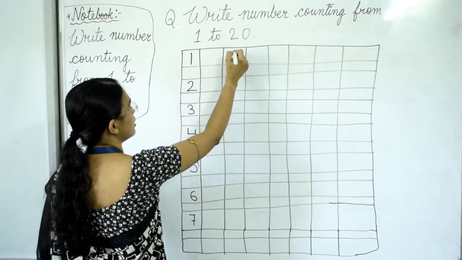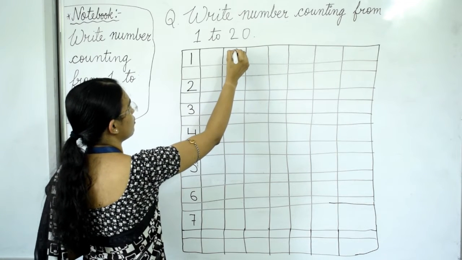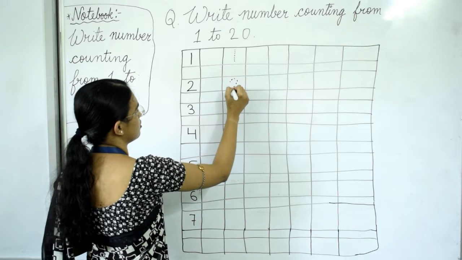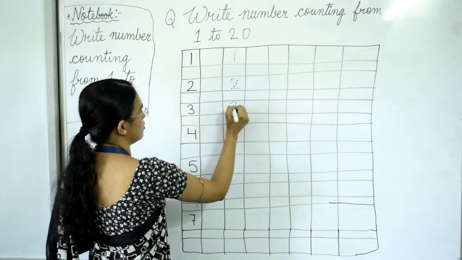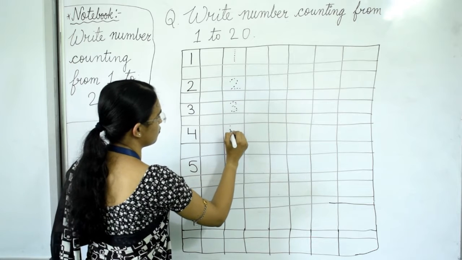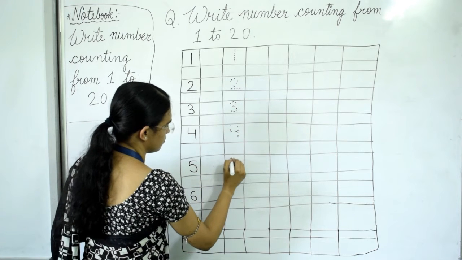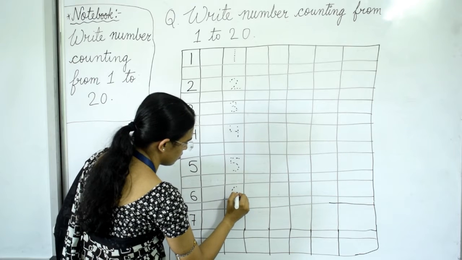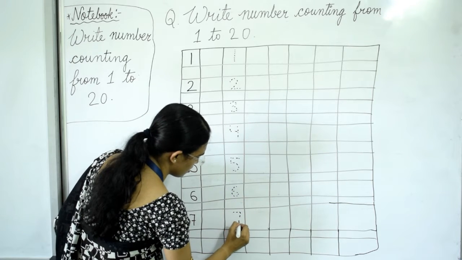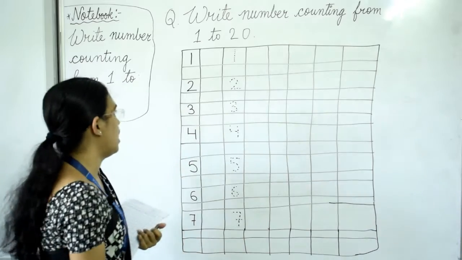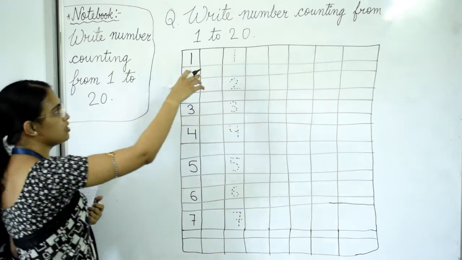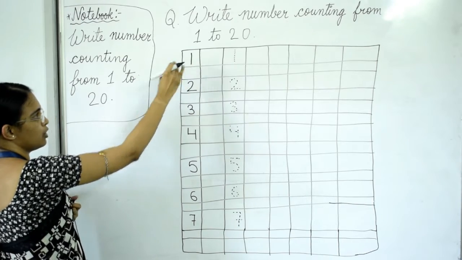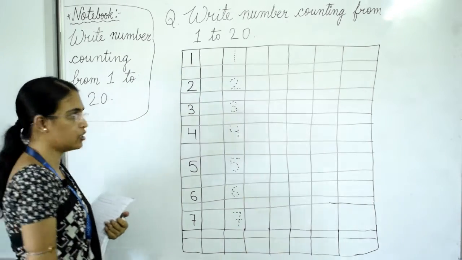Then here in this third line, you have to trace the number like this: 3, 4, 5, 6, 7. And when you are writing numbers, counting numbers, leave one box. First write one number, then leave one box, then write another number in this way, okay?